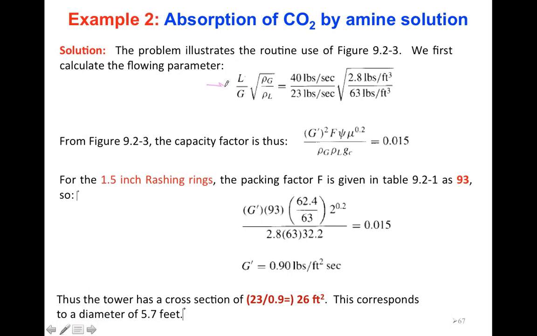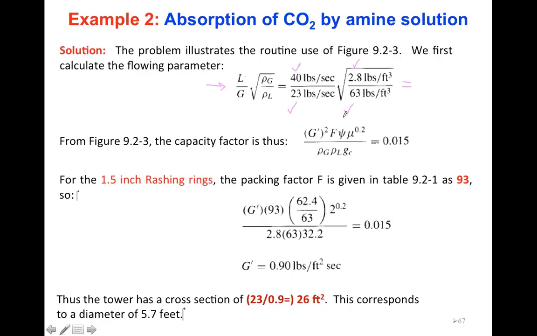So L over G times the square root of rho G over rho L. The mass flow rate of liquid is 40, the mass flow rate of gas is 23, the gas density is 2.8, and the liquid density is 63. Let me calculate this term rapidly here.